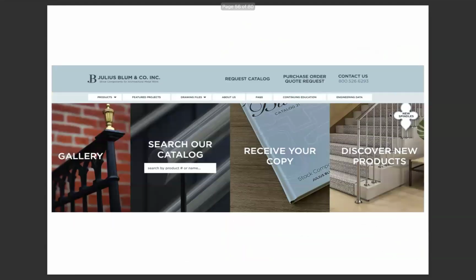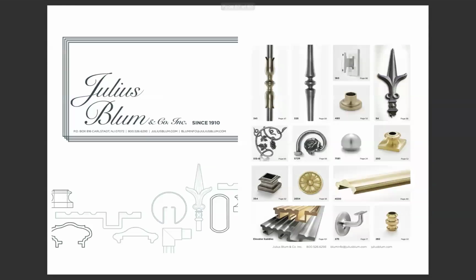And finally, if you need metal spindles and you want something that is not the typical straight balusters, or even worse, the glazed baluster, this company Julius Blum operates internationally and has a very good catalog of any element you can imagine for metalworks. And you can download the DWGs for free.